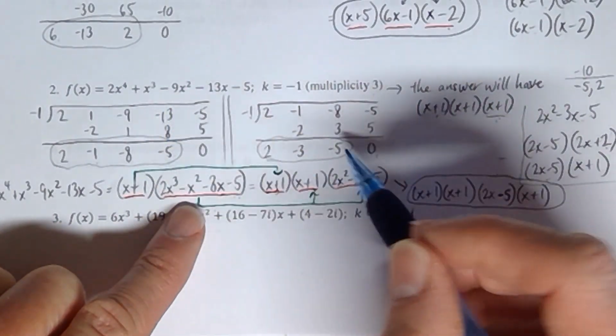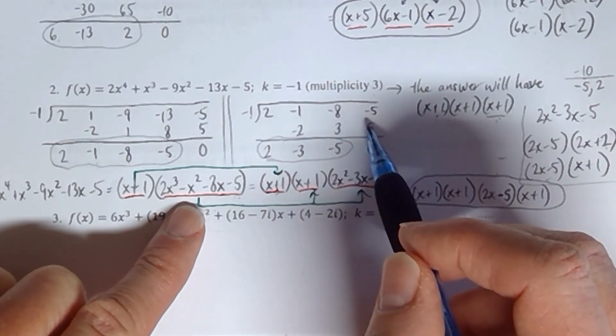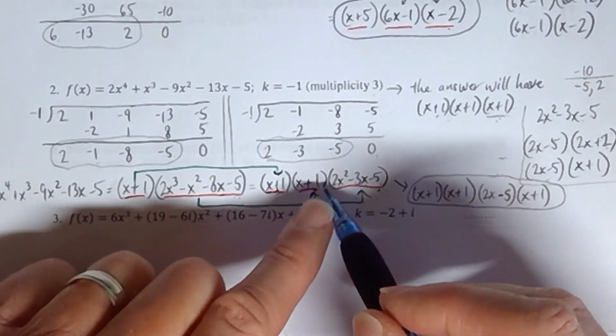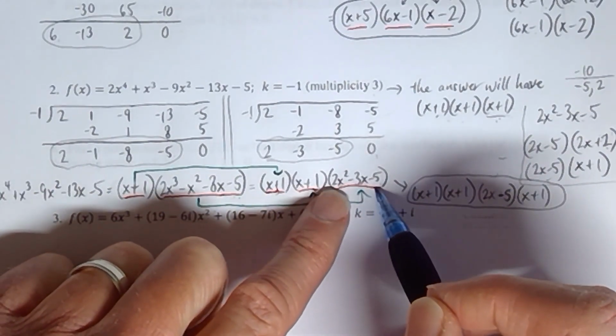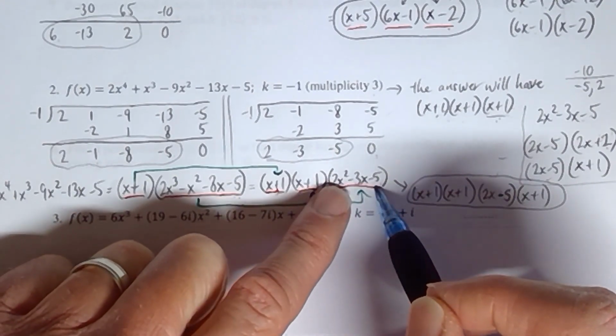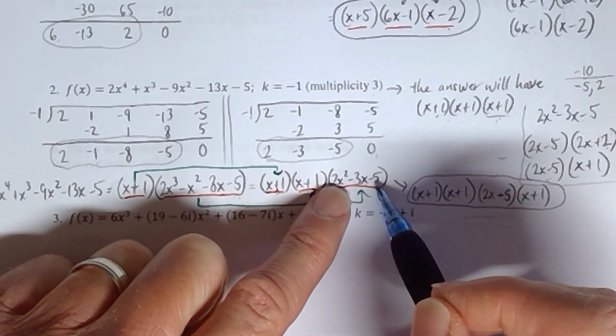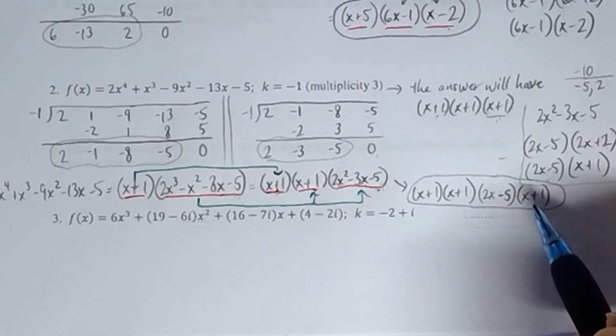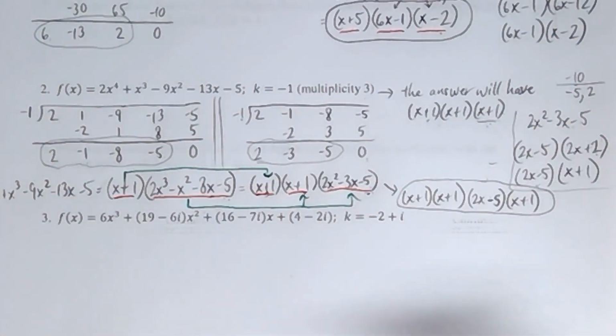Don't go back to the beginning again, all right? That's not going to do any good. Just take the leftover part, do -1 again. You then get this right here. And then if you wanted to, you can then do -1 on the leftover one here that's not linear. You could do that one more time, and it would have given me the same exact answer that I have here, I promise you. Okay, it would have. So that's what multiplicity means.